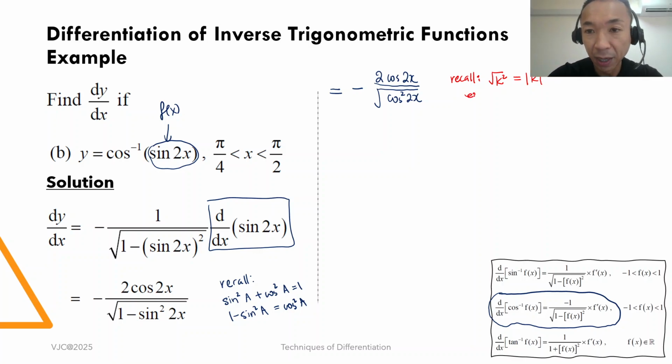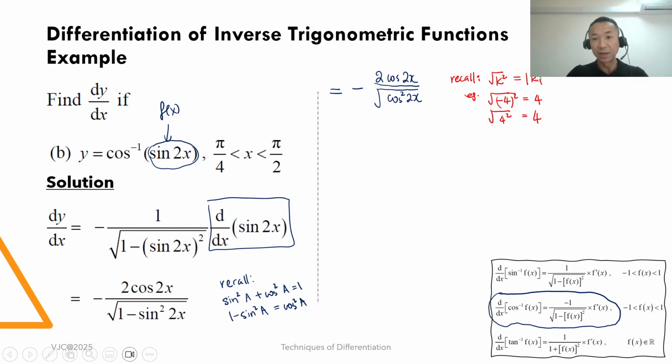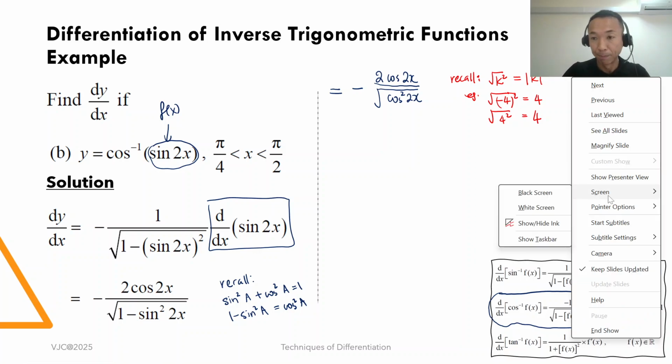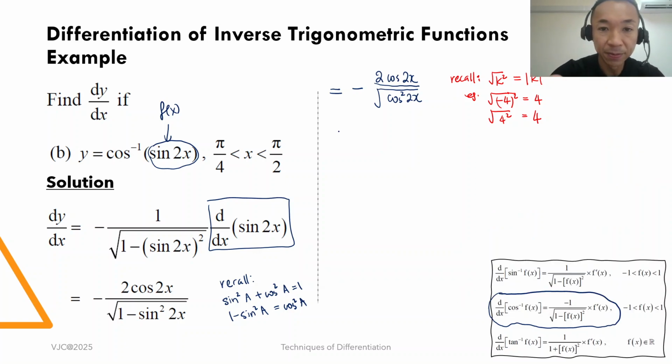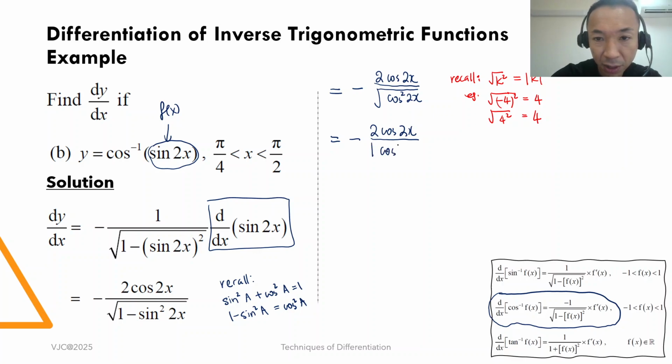I give you an example: square root of minus 4 squared is actually 4, and square root of 4 squared is also 4. So no matter what the value is, you will get the magnitude. Square root is always defined as a positive number. So therefore, we get negative 2 cosine 2x divided by mod cosine 2x. Let's put it like that first.